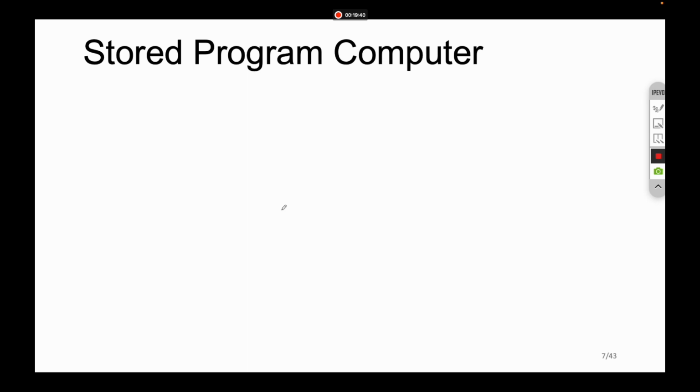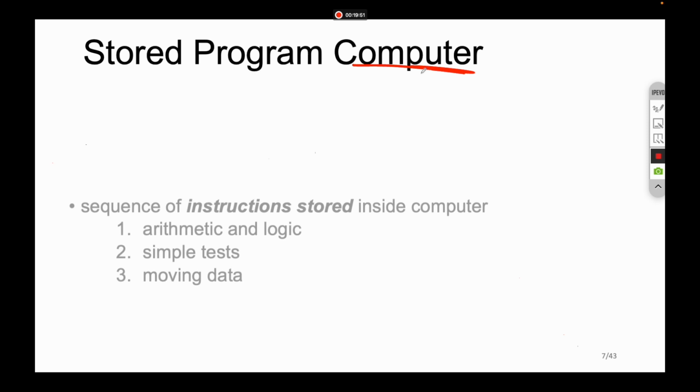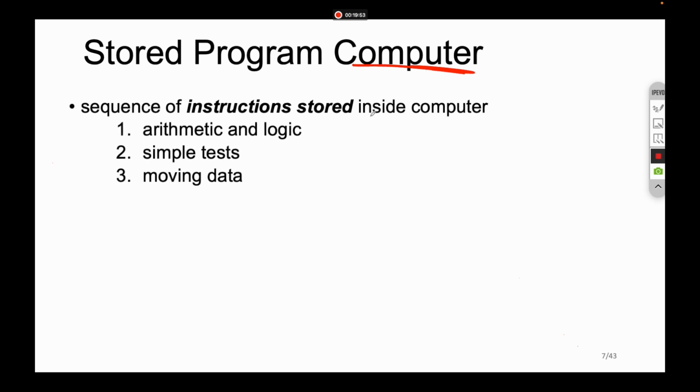So let's talk about the next topic: what a computer can do. Actually, computers nowadays can do a lot of things, but a computer is designed to do 3 things. The first one is calculation for mathematics and logic, I mean arithmetic.